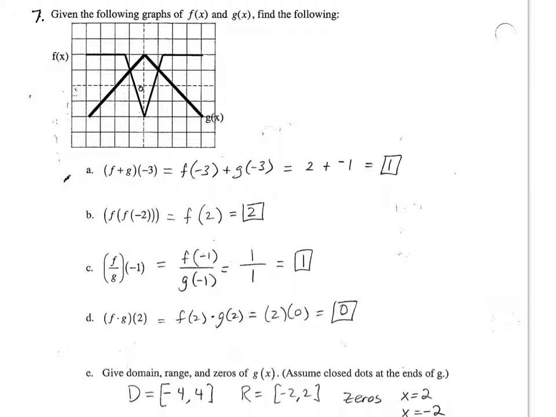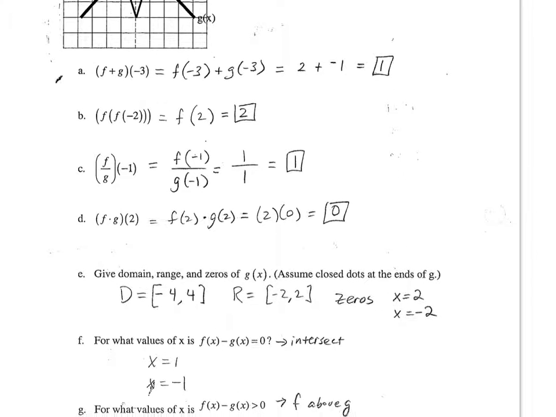And on g, if I count from bottom to top, the lowest and highest y values are negative 2 and 2 for the range of the function. And for the zeros, we know that means x-intercepts. So on g, again, this upside down, thicker lined V-shaped graph, there are 2 x-intercepts at 2 and negative 2.